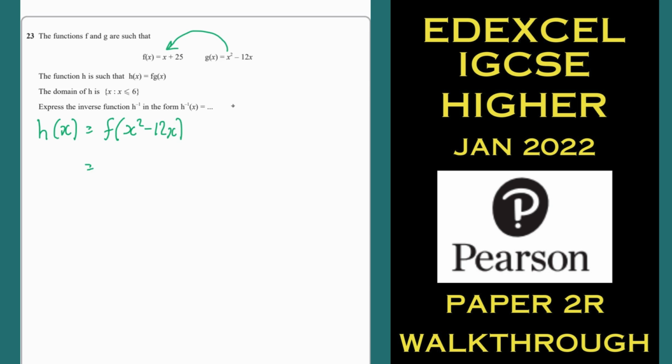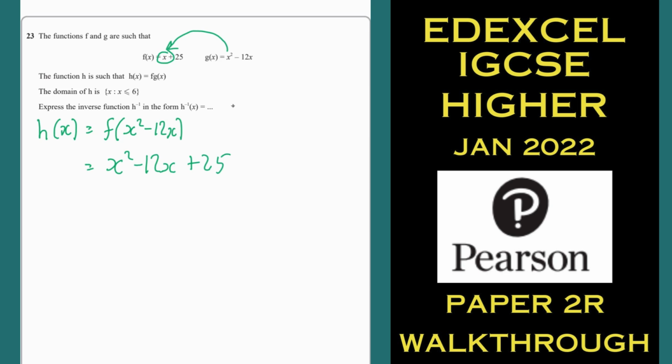That means you'll get x squared minus 12x in the place of the x. That's a hell of an x, Al. Well done. But there's also plus 25.